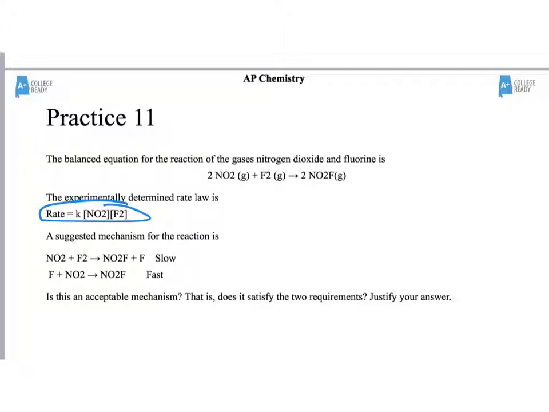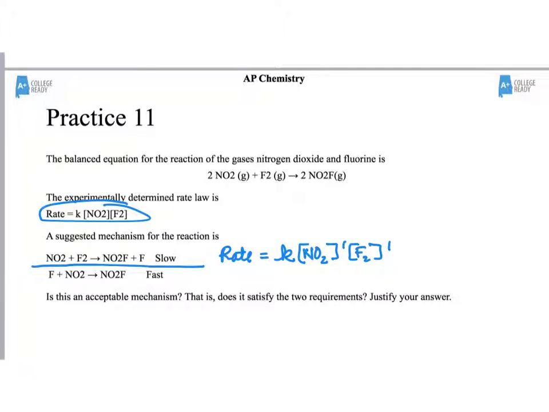The first step is the slow step, so draw a line. And what's the rate law for this step? Include your reactants, and the orders become the number of them. So we have NO2 to the 1 and F2 to the 1.